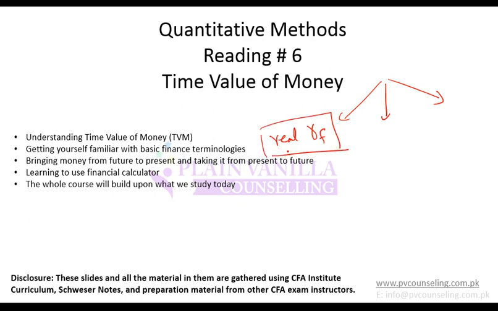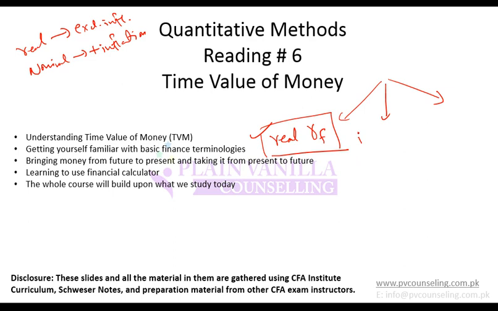And by real, it means it excludes the impact of inflation. When we say real in economics, it means excluding inflation, and when we say nominal in economics, it means including inflation. So this is the amount that you should at least get without inflation. Then obviously if there is inflation, you need some premium for that as well.